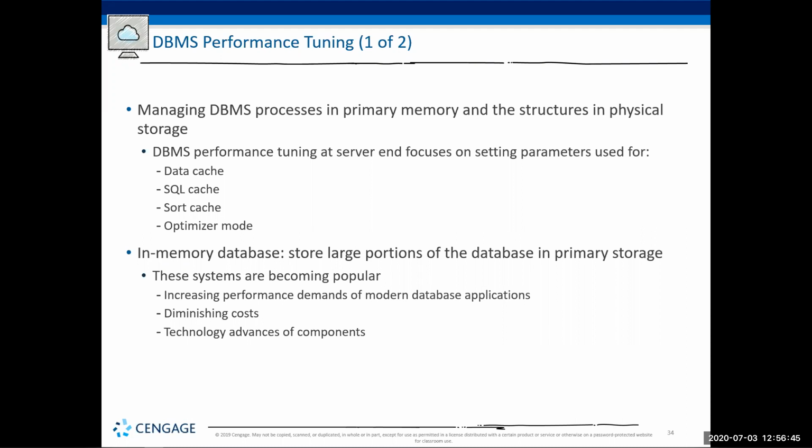So the data cache must be set large enough, for example, to permit as many data requests as possible to be serviced from the cache, because cache is the fastest place to service anything. So they want to maximize what they have.